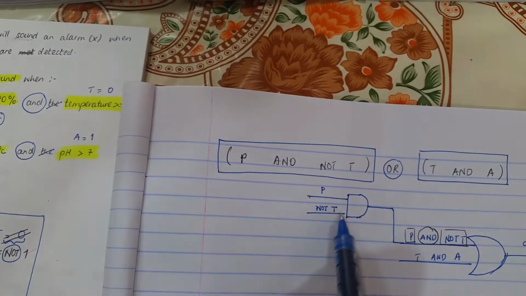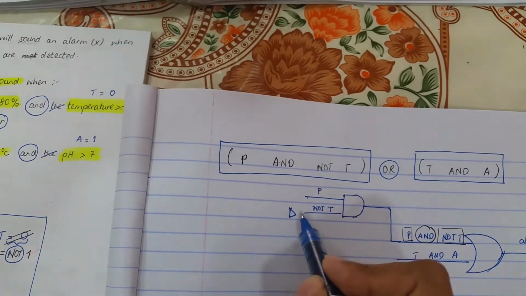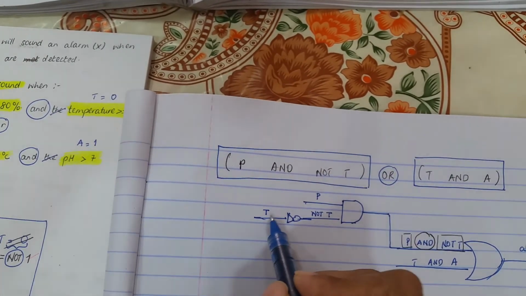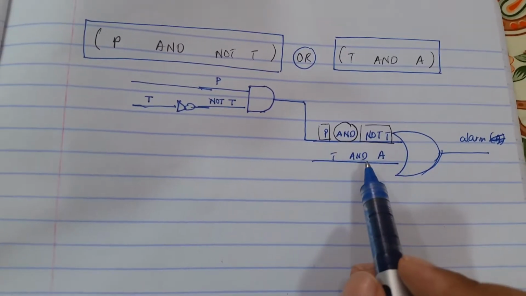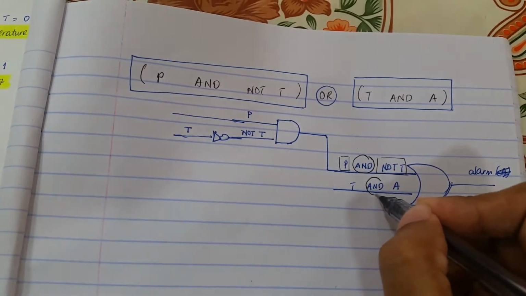Now again, this is an expression, so I have a NOT gate and I have the input T. Now this is an input, so we stop there. On the other side, T and A is an expression. In this expression you have the AND gate.